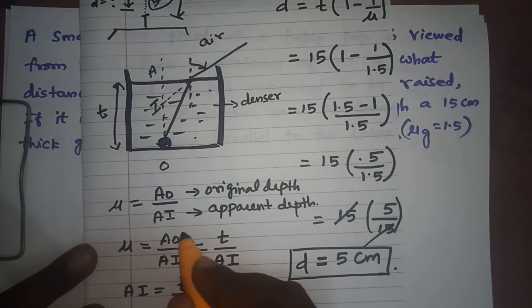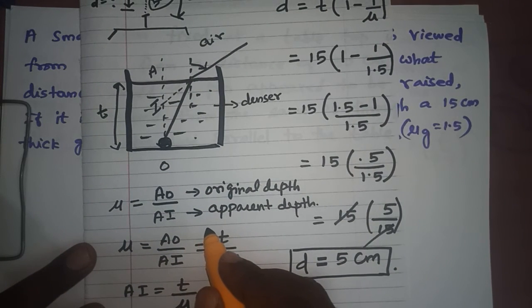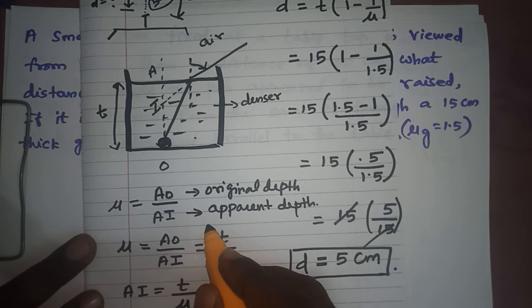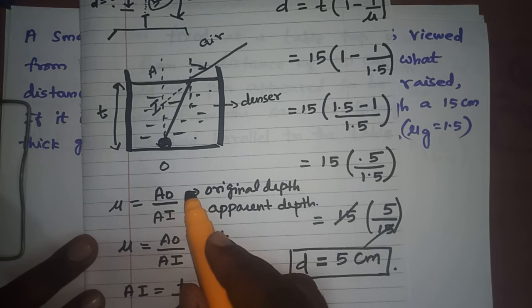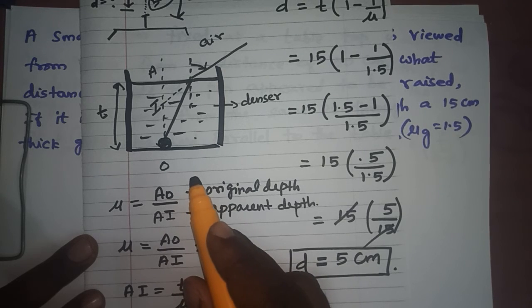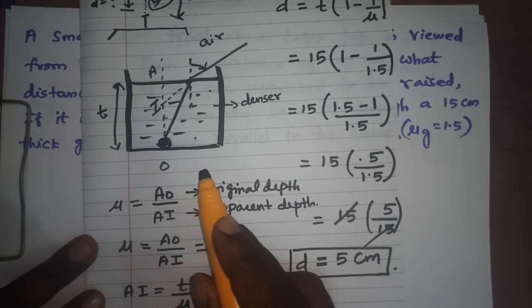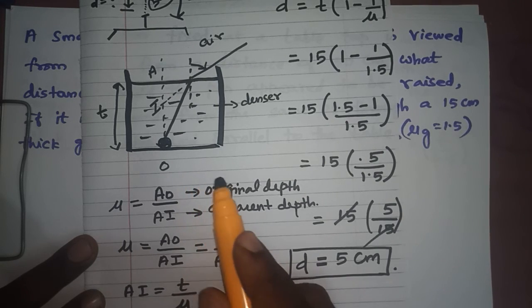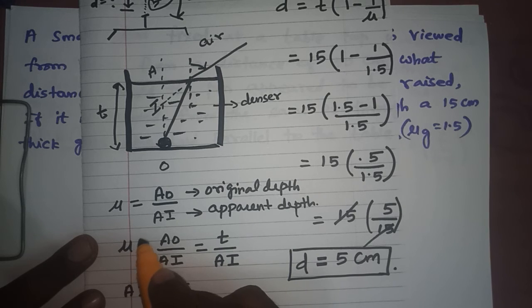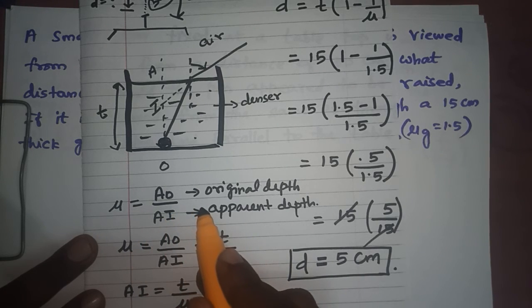Sometimes this is asked in many competitive examinations. It is a simple concept. You should understand the laws of refraction, how a ray gets refracted when it travels from a rarer medium to a denser medium or from a denser medium to a rarer medium. You should also know the relation of the refractive index between one medium and another. This is original depth by apparent depth.